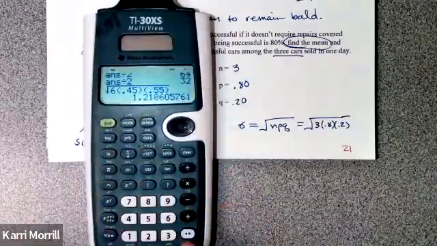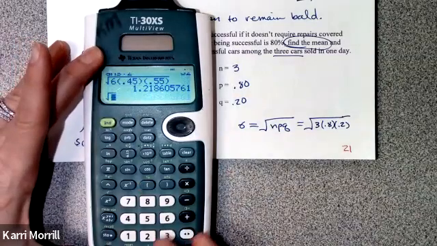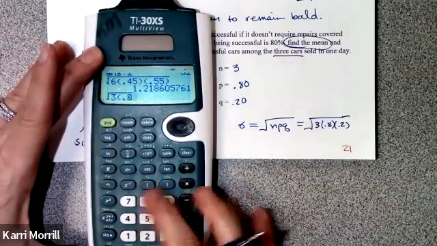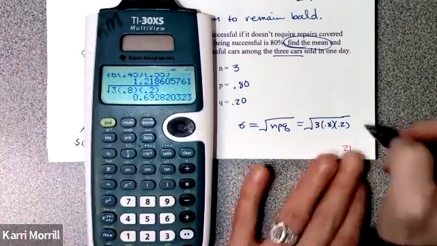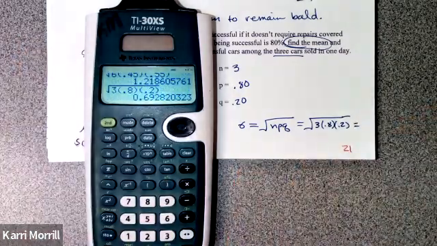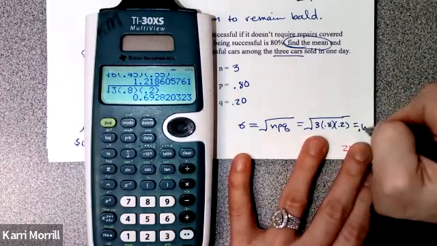So the square root of 3 times 0.8 times 0.2 is, if we rounded to 2 digits, we'd call that 0.69.